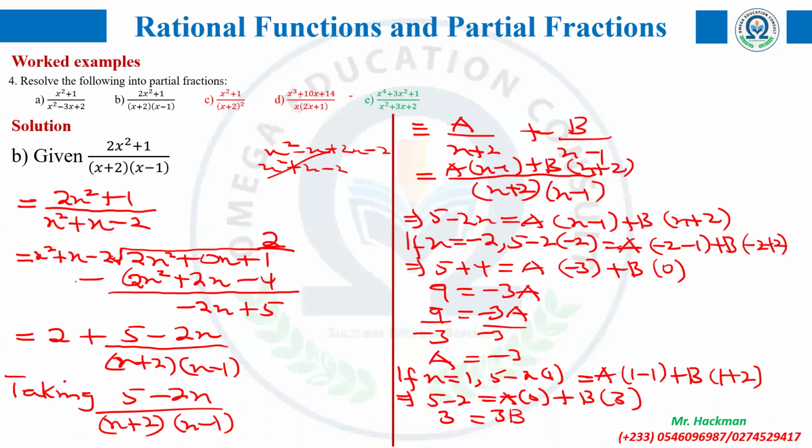So it means what I have here will be equal to the quotient plus the remainder. Look at what I did here: in writing my remainder, I swapped the terms, because I know I'm supposed to start with the positive term for it to look pretty. So my expression in the numerator should start with a positive term if I do have one. So I started with 5, then minus 2s, all over.